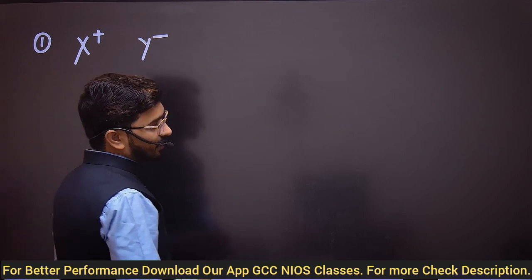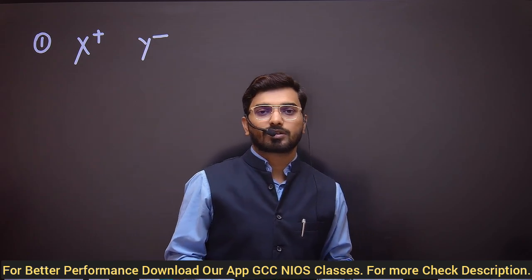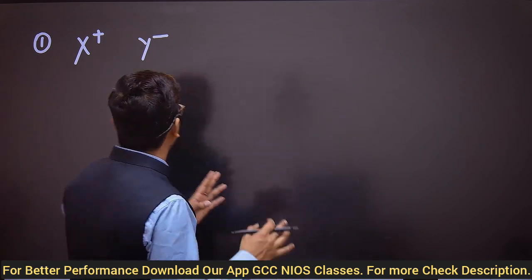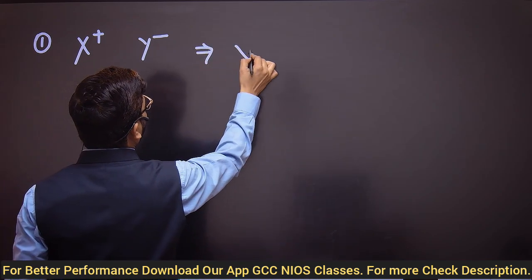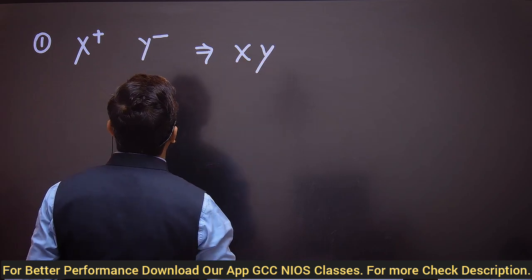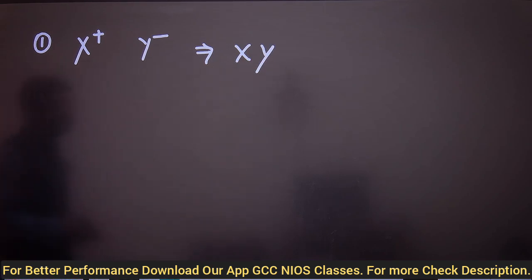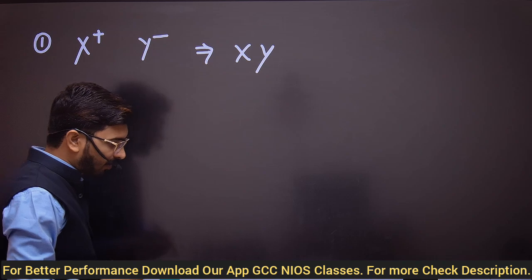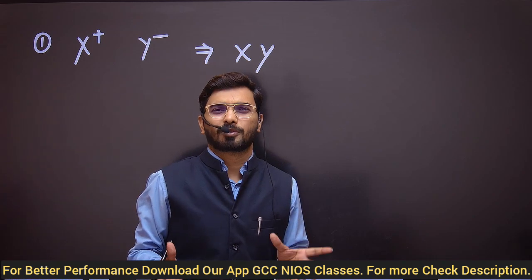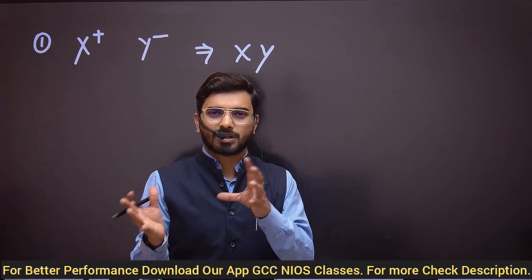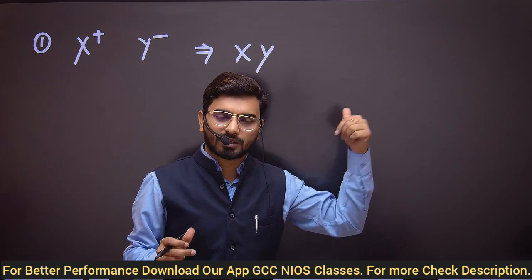So in this case, you simply write the individual positive and negative ions together to make that formula.